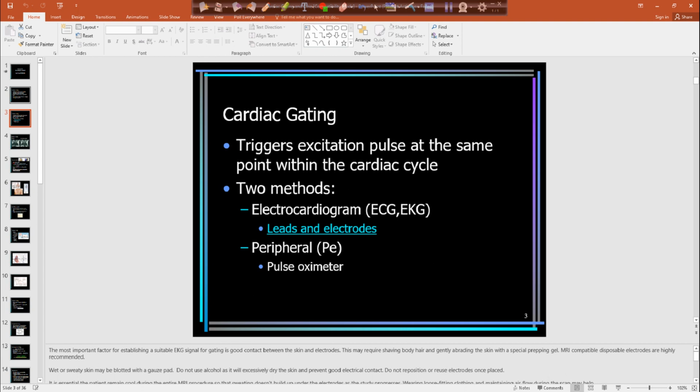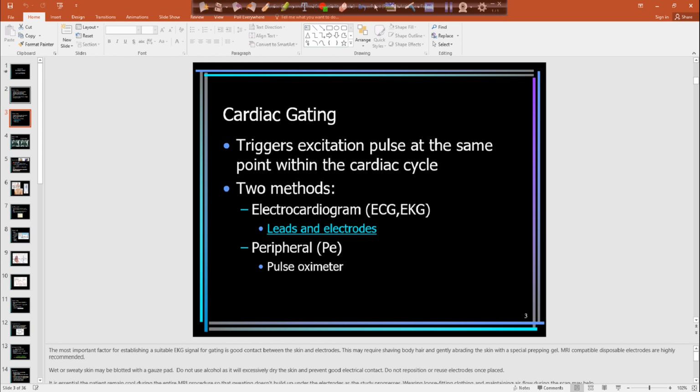Once you have placed an electrode, don't rip it off and place another one, because usually if you have to take it off, you're going to lose that stickiness and it's not going to be able to stick again to the patient. And then we also have peripheral gating. This is where we're using the pulse ox that we clip to their finger to detect perfusion within the capillary beds of the finger, and then that's when we time our pulse sequence also.